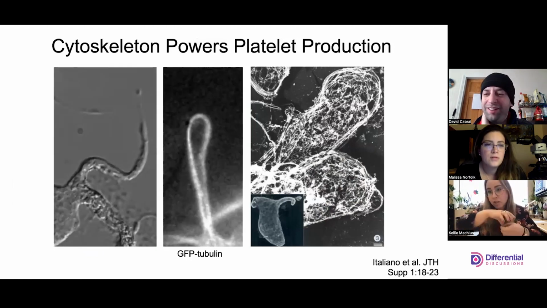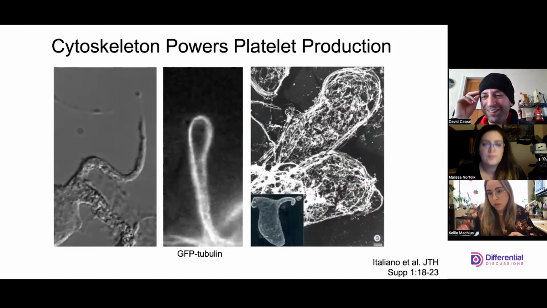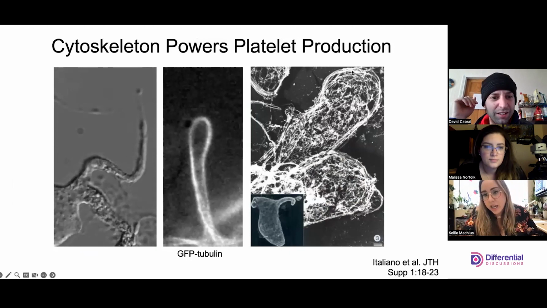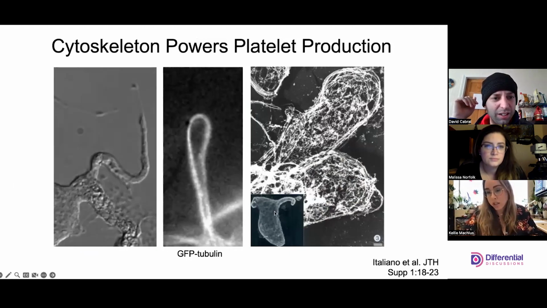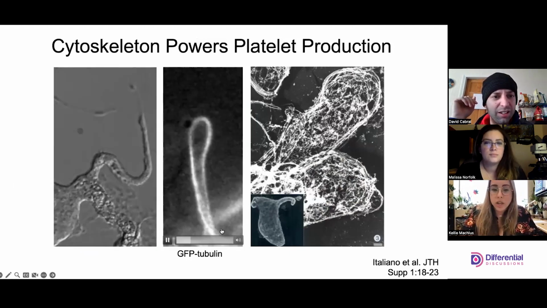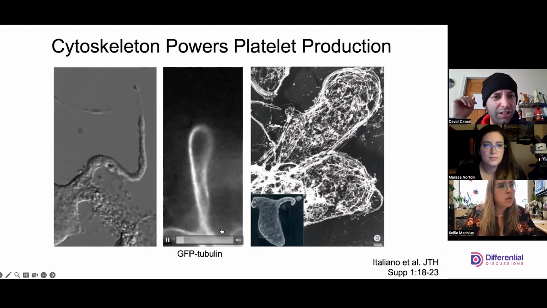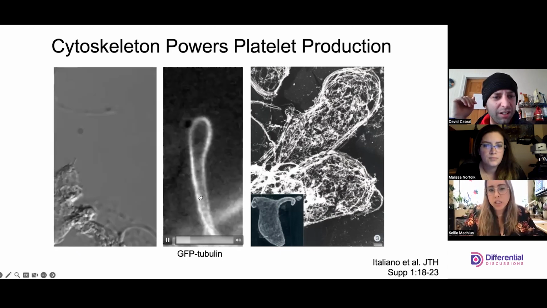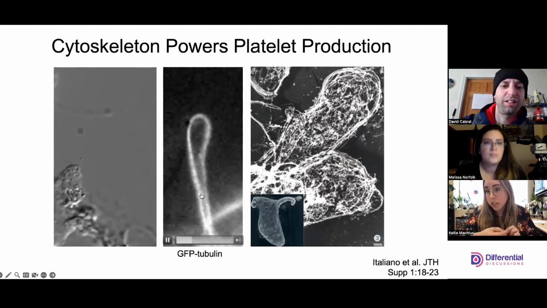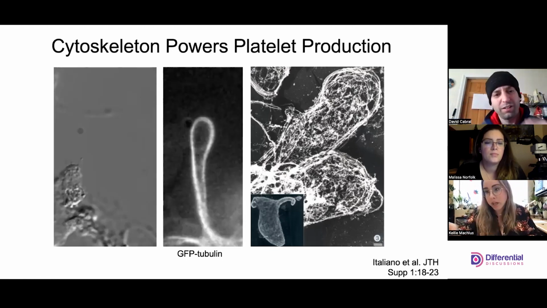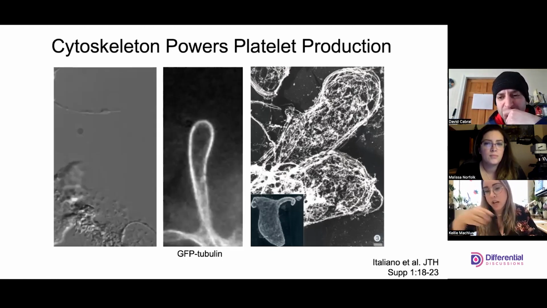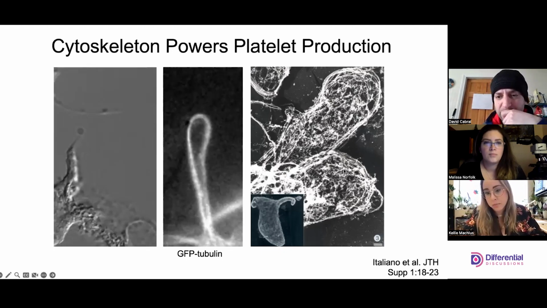If you think of a telescope, it's going outward, and then it circles back on itself. So it comes to a point at the end where it thins so much that there's a fission event and it releases into the flowing blood.